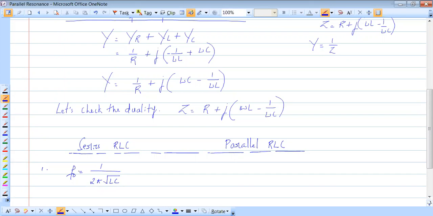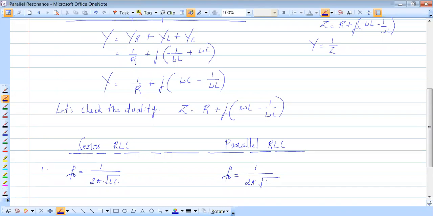Now, what would be the same resonant frequency in parallel RLC? What should happen to this f naught in parallel RLC? 1 by 2 pi would be the same, square root of... In place of L, you have C, in place of C, you have L. Whether you call it LC or CL, it's the same.